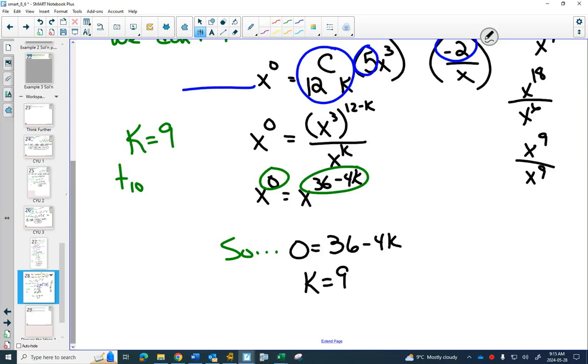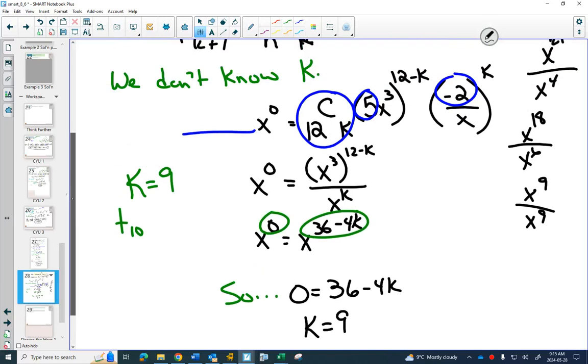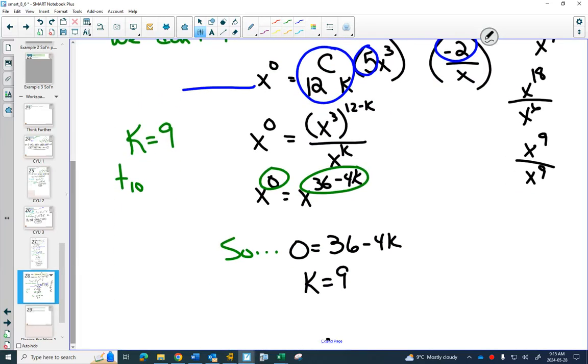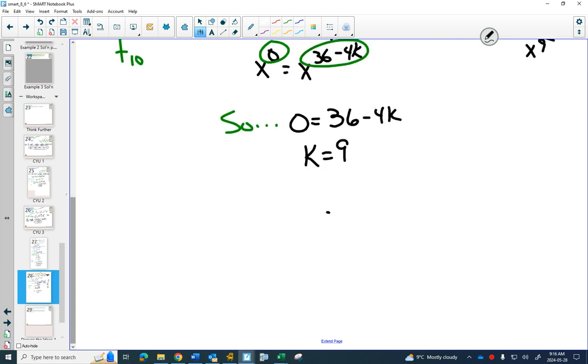Now we should go back to our question. Did the question say which term is the constant term, or did it say find the constant term? If we go back, it says find the constant term, so now we actually have to go and solve for term 10. N was 12, so we have 12 choose 9.